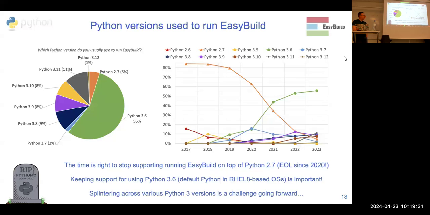It's already end of life, yeah. But Red Hat is going to maintain that for a while, so that's not a big issue that it's end of life there. It's also no surprise that it's being adopted, but that really only gets us to, let's say, about 60%. That means everything else is splintered across a bunch of Python 3 versions. That's annoying. We can't really change that, but it's something to be very aware of.